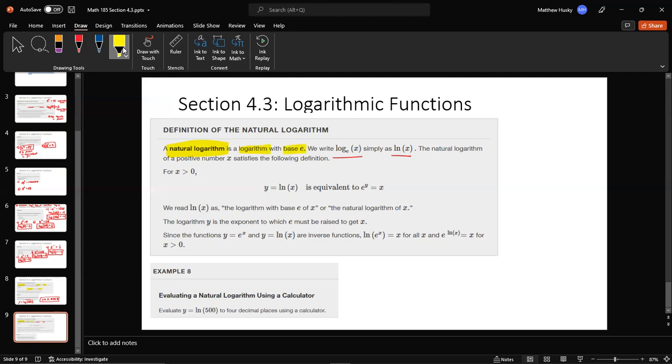And in French, you wouldn't say the natural log, you would say the log naturel, because you put the adjectives after the nouns in French and other languages like it. So that's why it's ln, and it's also kind of consistent with just log because they both start with L. But anyway, it's the log of base e.